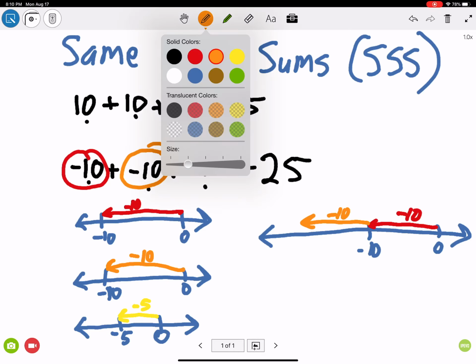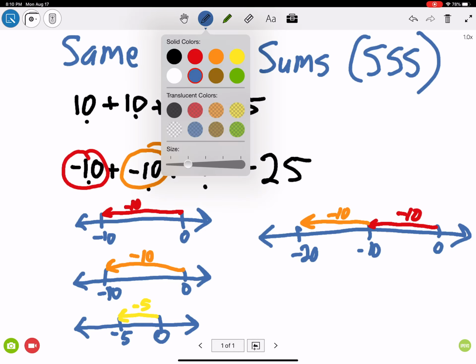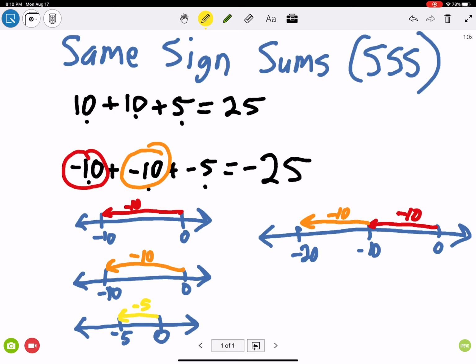Okay, now guess where we are. That's right, we're at negative 20. And then finally, we're told to go to negative 5, which clearly says to go to the left 5. And now we are at negative 25. So the answer is negative 25.